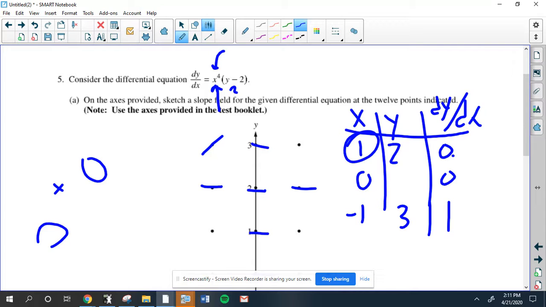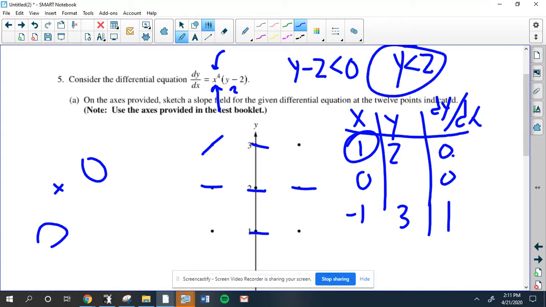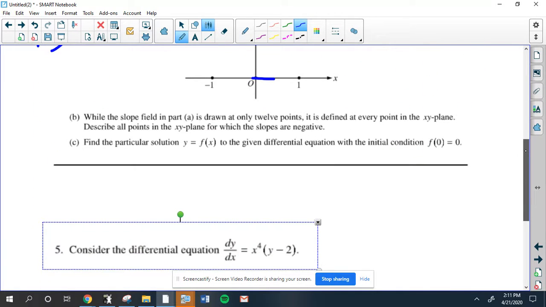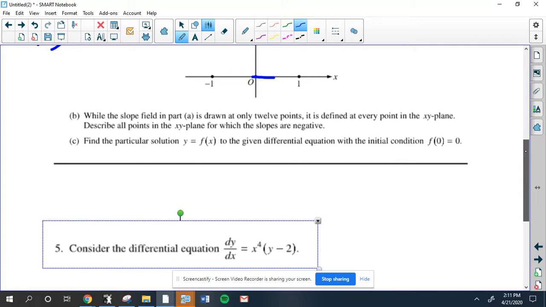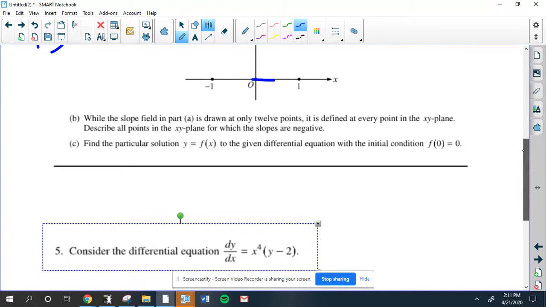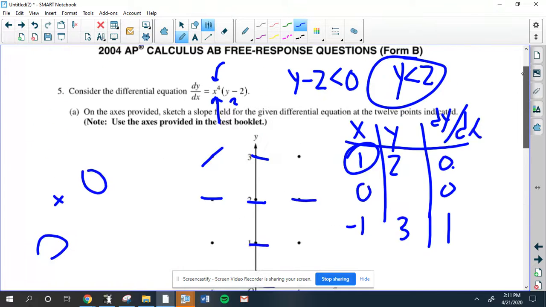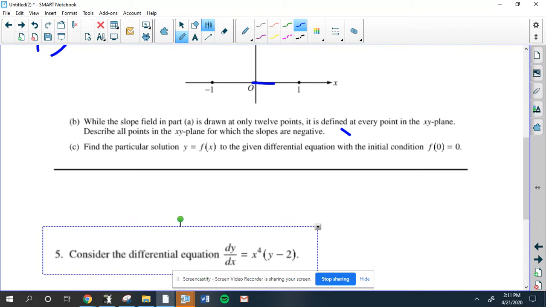So the derivative is negative when this factor, y minus 2, is negative, less than 0. In other words, when y is less than 2. That answers the question. All the points in the xy plane for which the slopes are negative are all the points where y is less than 2.